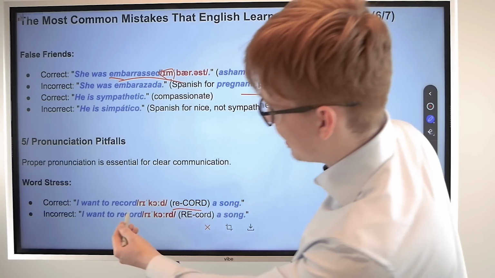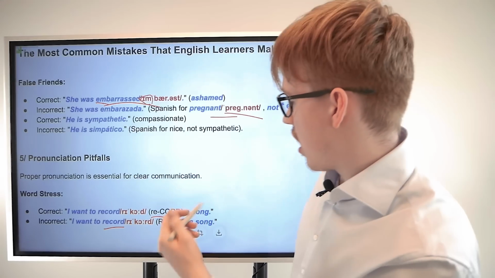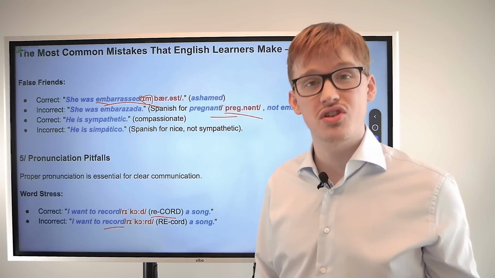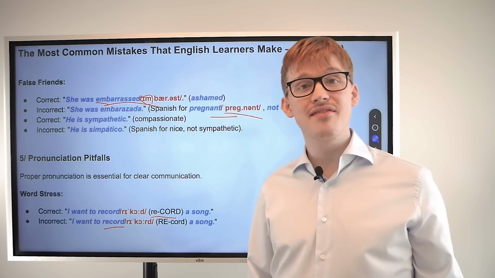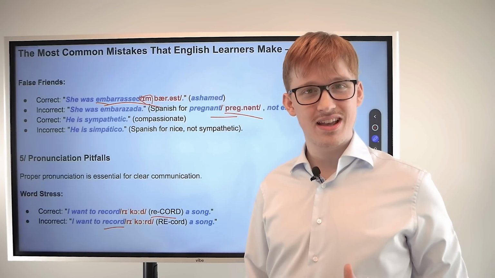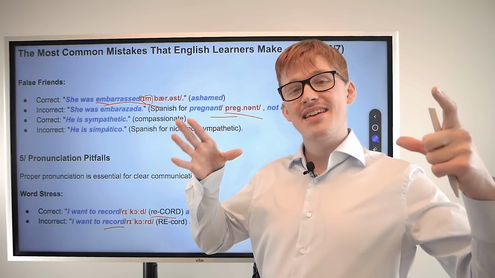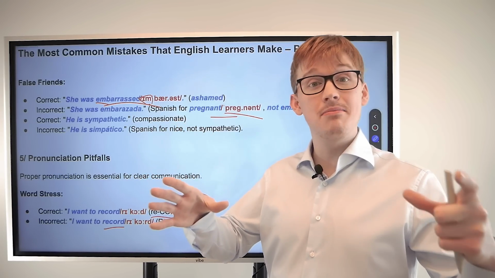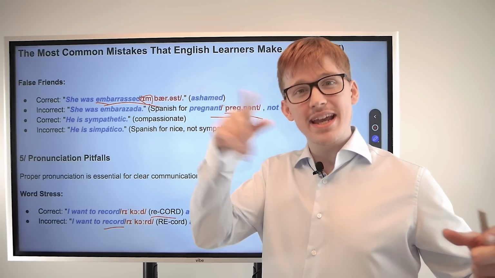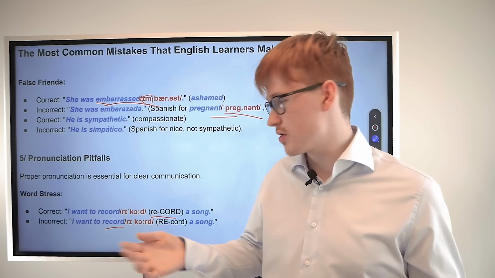So here, instead of I want to record a song, you could say I have a record. I have a record. And a record is a thing that people use to play music on. A record player. And you can play a record.